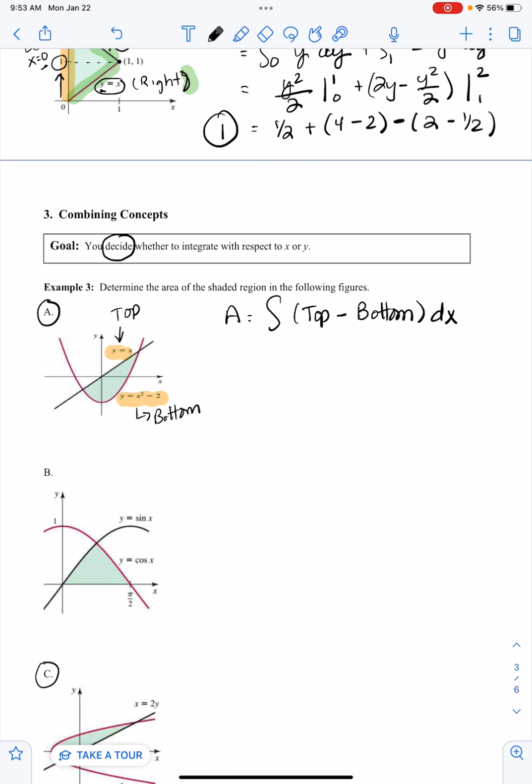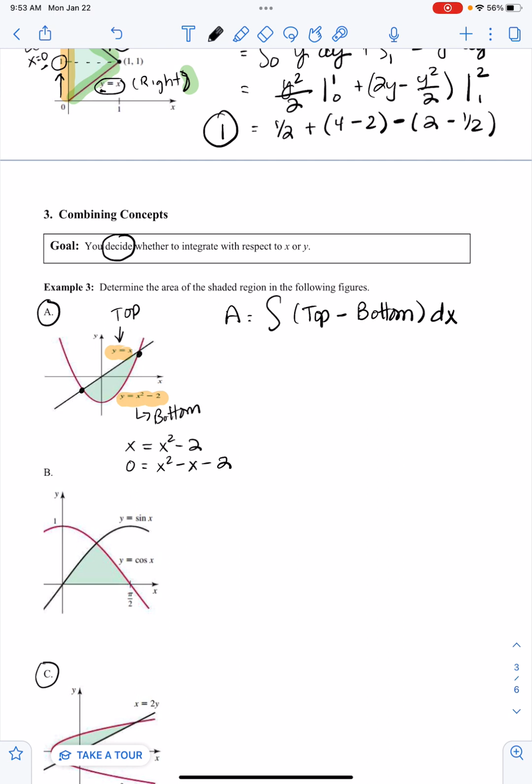So to find out my limits of integration, you need to find the intersection points where this line is cutting through the parabola. So that's pretty easy. We could just set the functions equal to each other. So we can set x equal to x squared minus 2 and do a little solving. So we have 0 equals x squared minus x minus 2.